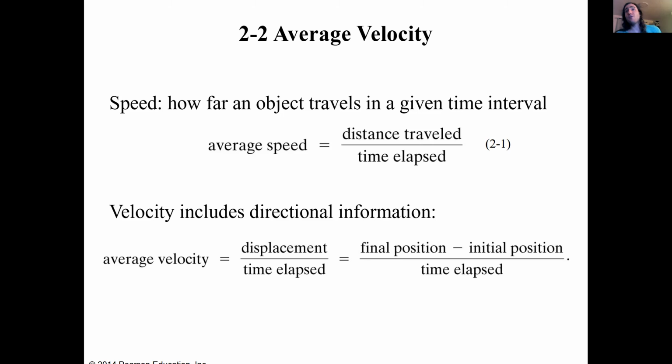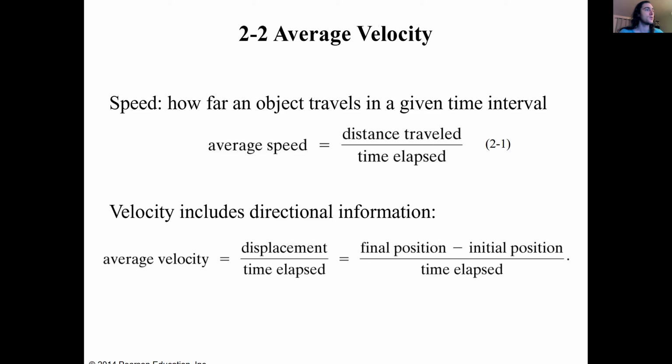Notice though that average velocity is a vector, and therefore it must be based on displacement and not distance traveled, okay? Distance traveled is not a vector, it's what we call a scalar, or in other words, just a number. Displacement is a vector, and therefore we define the velocity using the displacement so that the velocity is also a vector.